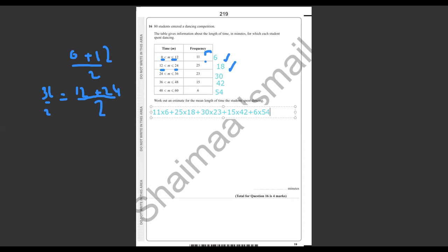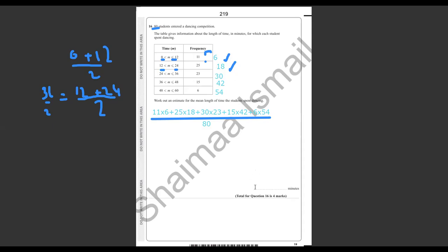And now we have to divide it by the total number of students, which is 80 students. So we divide it by 80. So we get here a mean of 27 minutes.